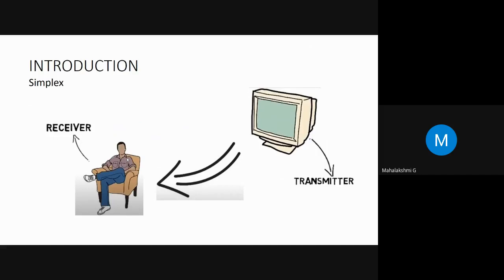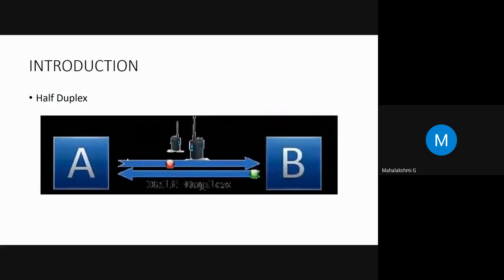The next one is half duplex. In half duplex mode, each station can both transmit and receive, but not at the same time. When one device is sending, the other can only receive, and vice versa.